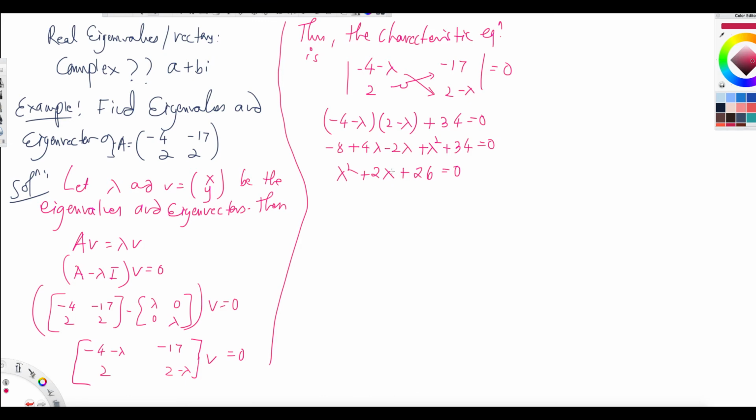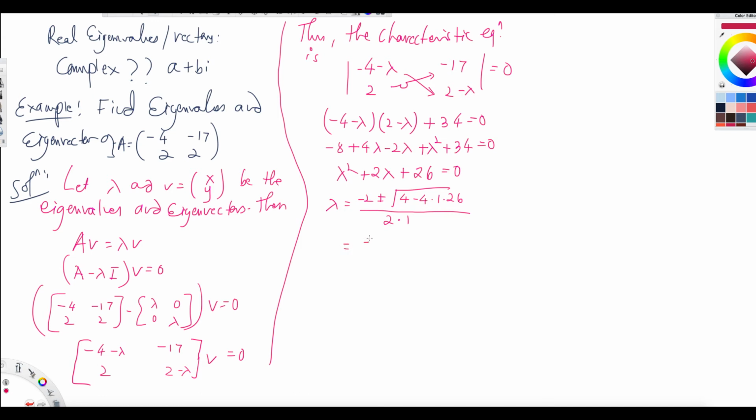So what I'm going to do is use the quadratic formula. Lambda equals -2 plus minus the root of b square, which is 4, minus 4ac, where a is 1 and c is 26, divided by 2a.